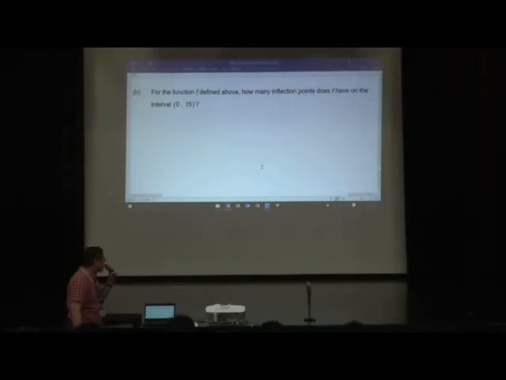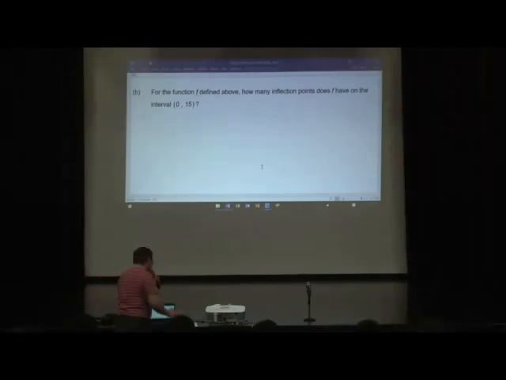For the same function f defined above, how many inflection points does f have on the interval 0 to 15? Here let me just readjust the window to 0 to 15 again. Now please don't go and solve f double prime x equals 0 or whatsoever. It will take too much time.